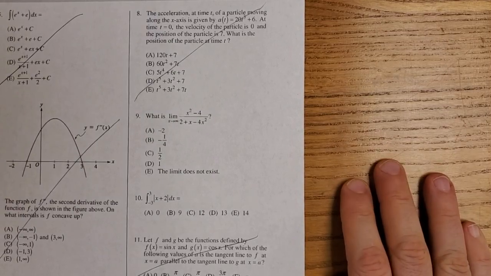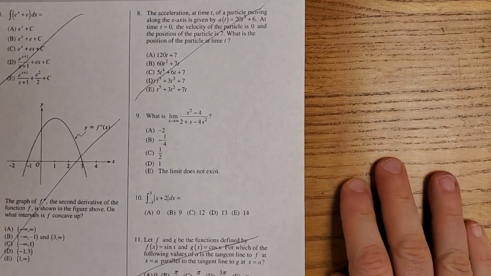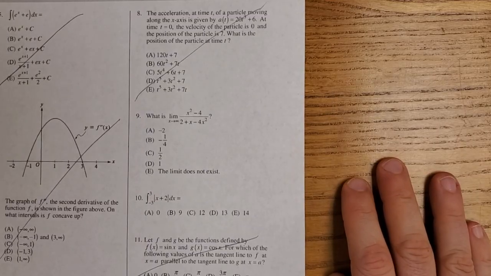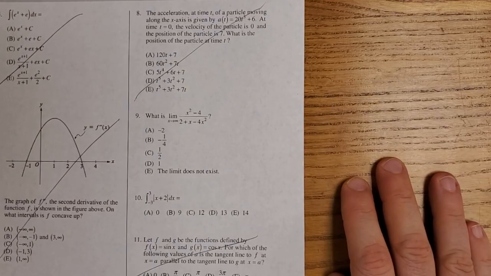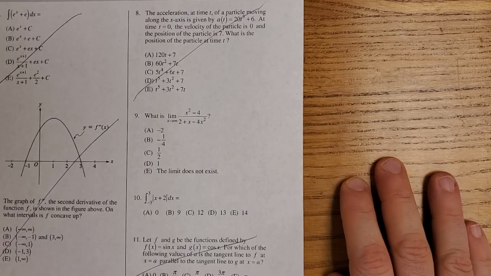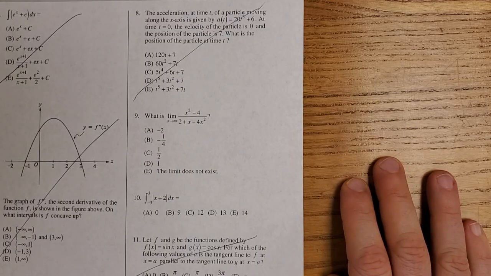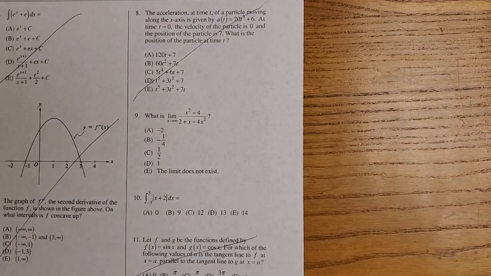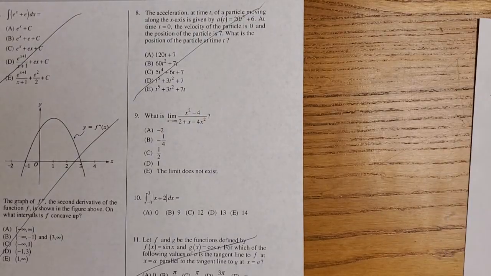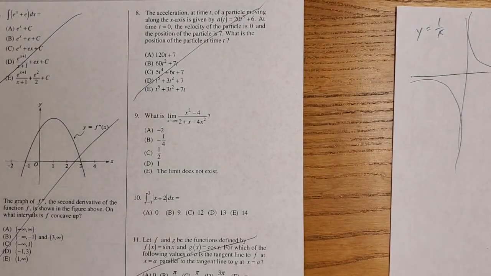Okay, so what is the limit as x approaches infinity for x squared minus 4 over 2 plus x minus 4x squared? So what can we gather from this?